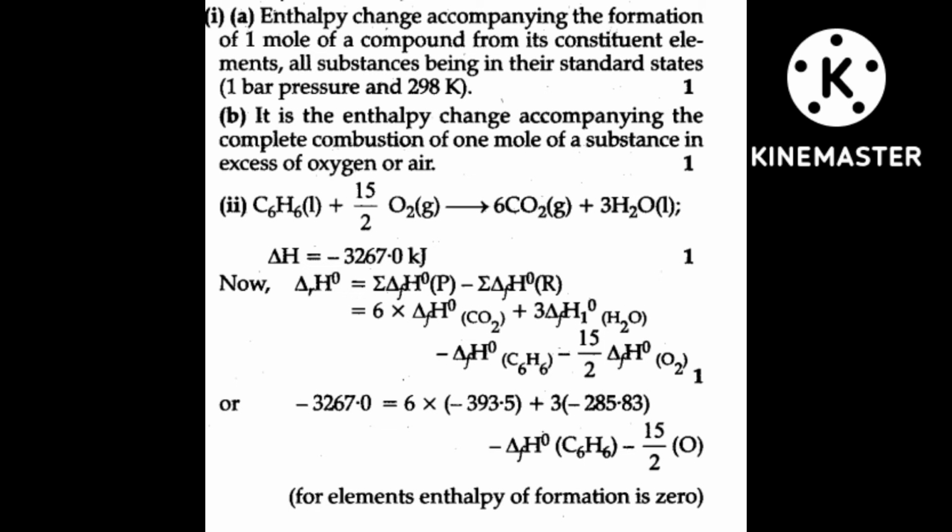Second and fourth. You reversed the third, then you got the fourth. Then adding this fourth and second, you will get what you wanted: C plus half O2 will give you CO gas.